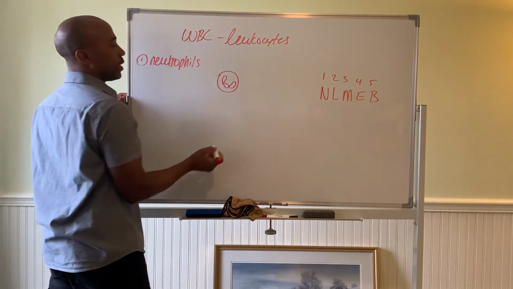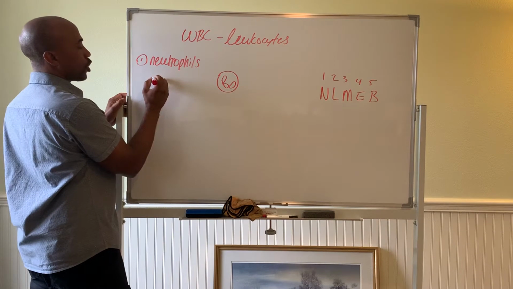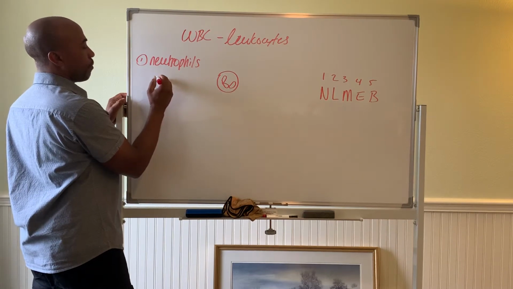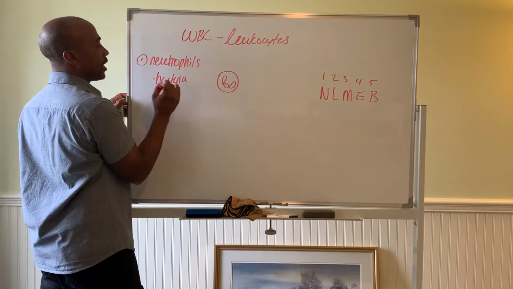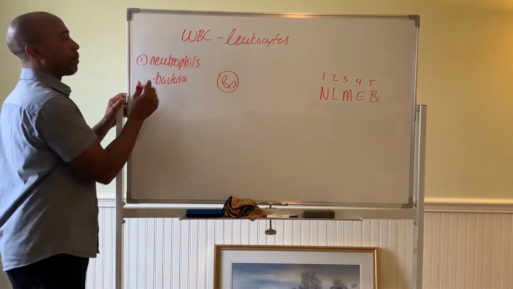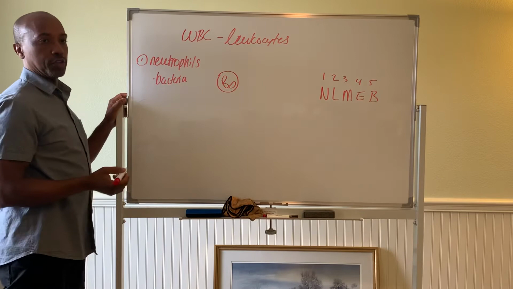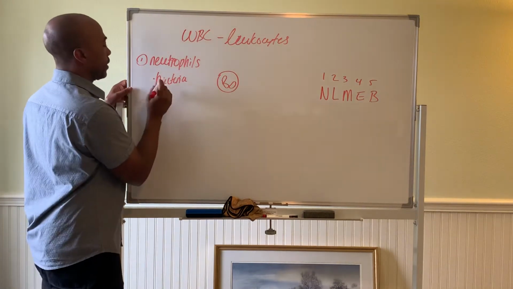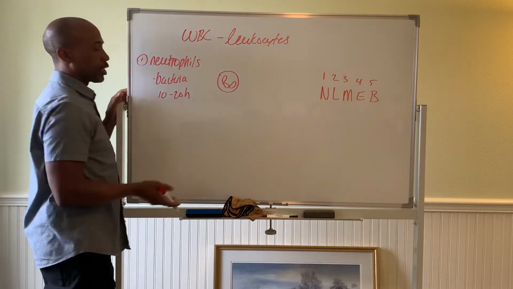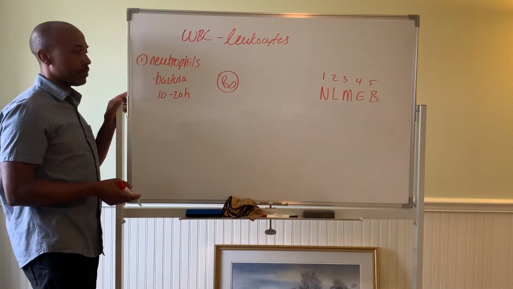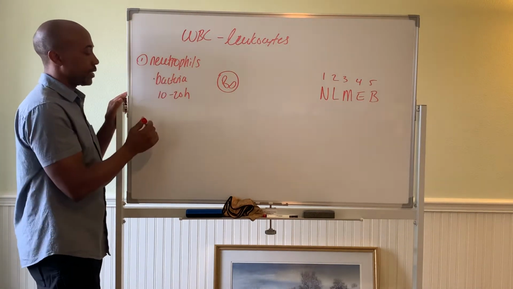Neutrophils are known for being bacteria fighters. Whenever you have a bacterial infection, typically these cells go up in number to kill them for you. They last maybe 10 to about 20 hours. They spike up and then go back down once the issue is addressed.